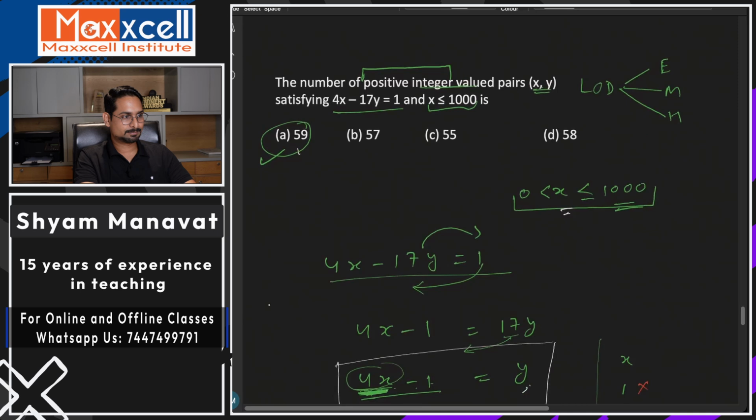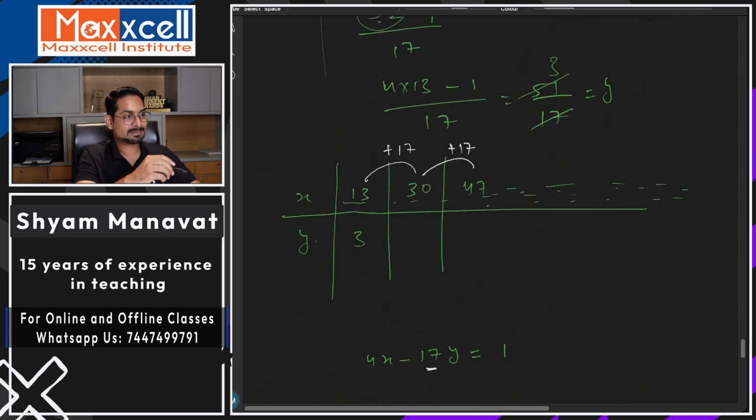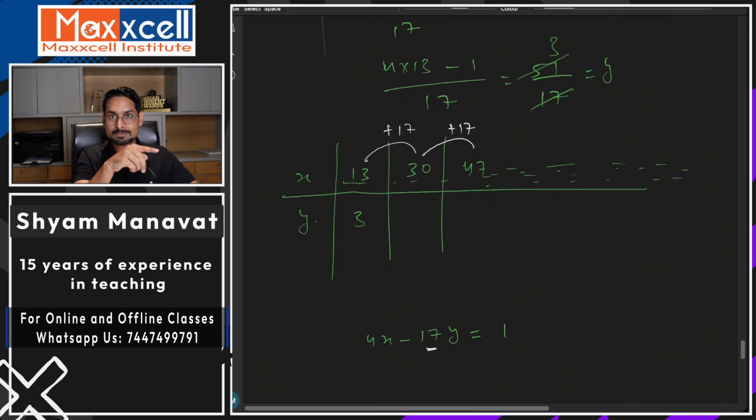Okay, so let's revise this. What are the concepts we used here? Integer solution for linear equation is one of the concepts. The second concept is having the range of x between 0 to 1000, because the values have to be positive integers. Then we have used this trick of the integer solution method, lecture number 10.